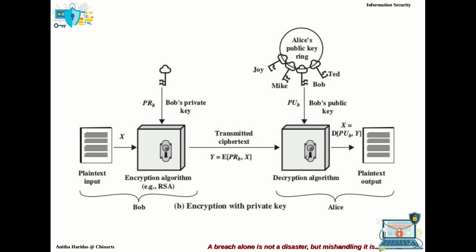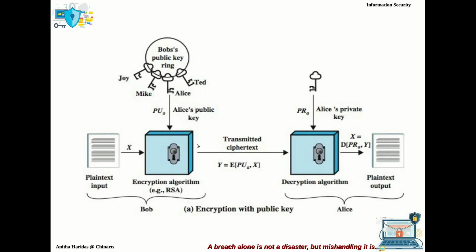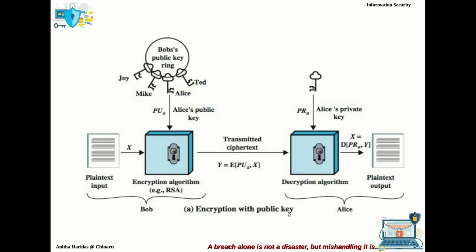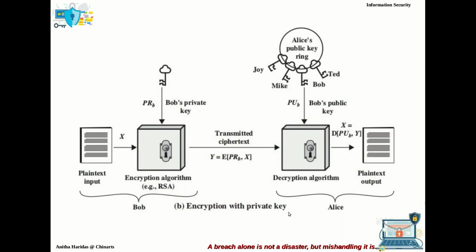And on Alice's end, Alice will be decrypting the ciphertext using the public key, and thereby she gets the plain text. So you can understand here, if the private key is used for encryption, the public key will be used for decryption. The same way, if the public key is used for encryption, the private key will be used for decryption. So that is why it says the paired key will be used for the decryption process.